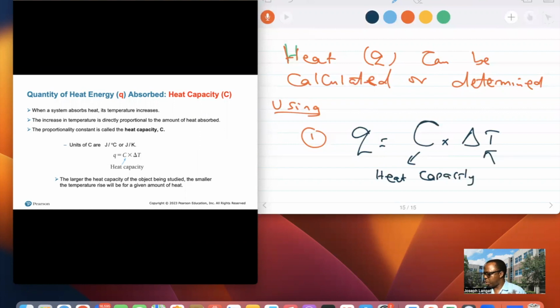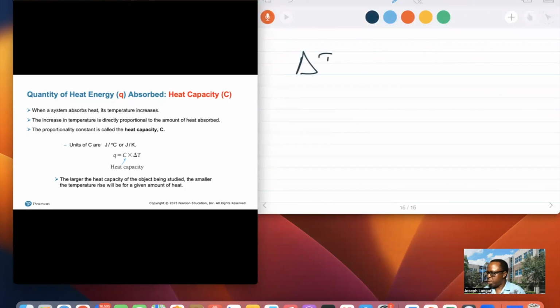The change in temperature is T final minus T initial.